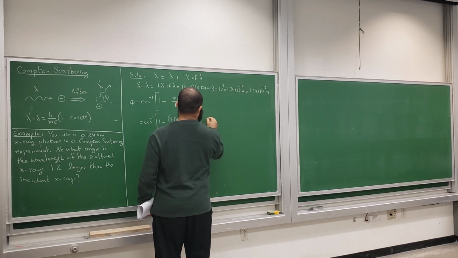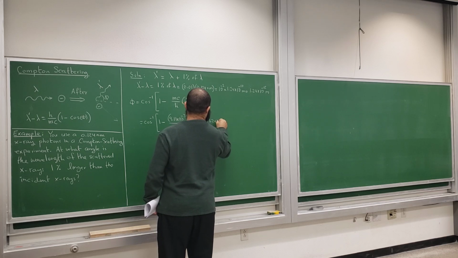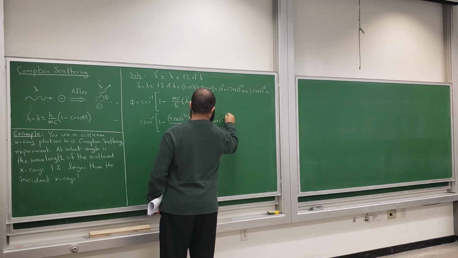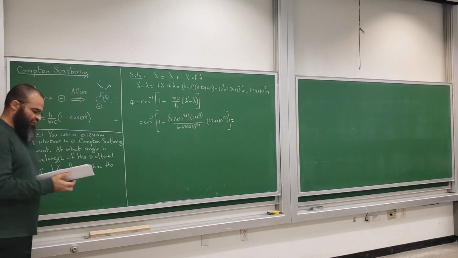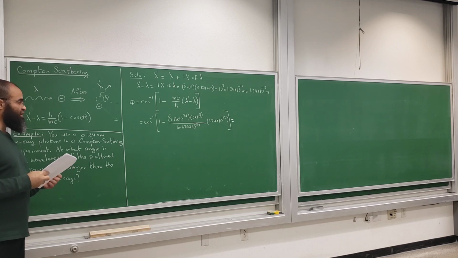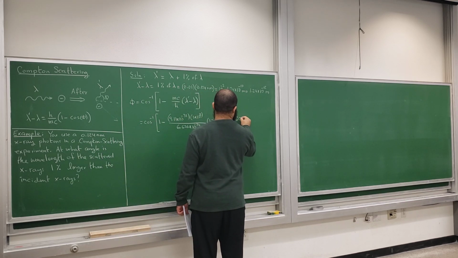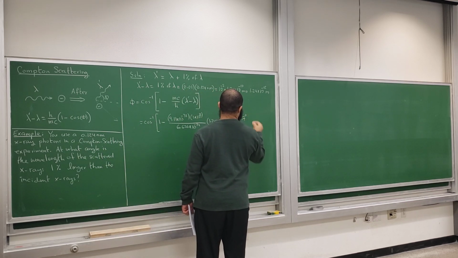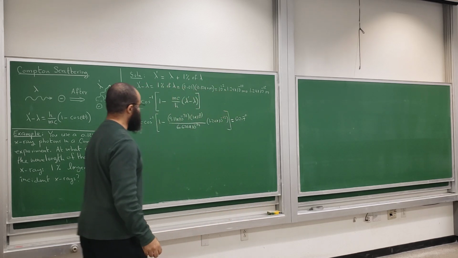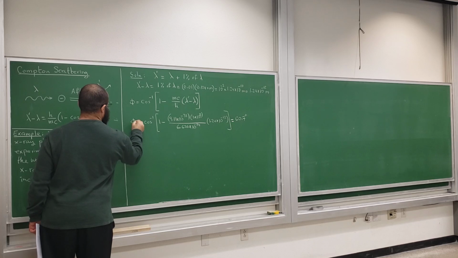And then lambda prime minus lambda is 1.24 times 10 to the minus 12. Okay. So doing that, you get 60.7. It's an angle in degrees. That would be the angle.